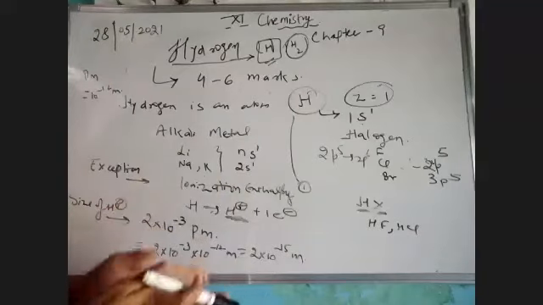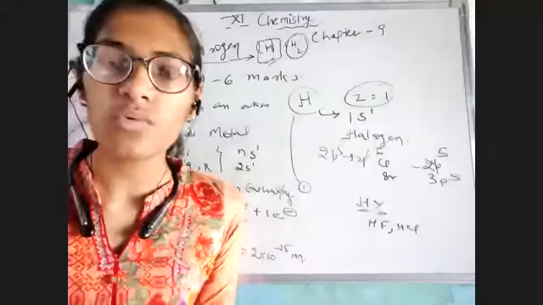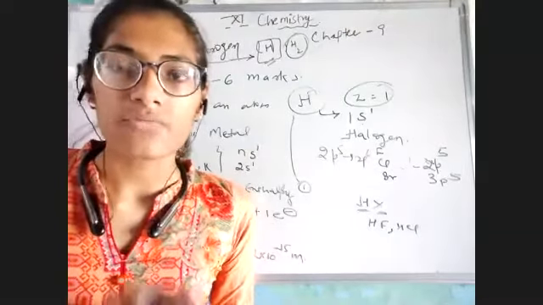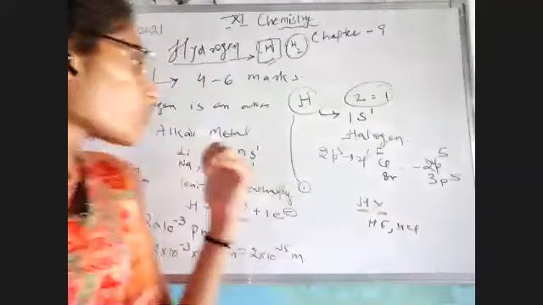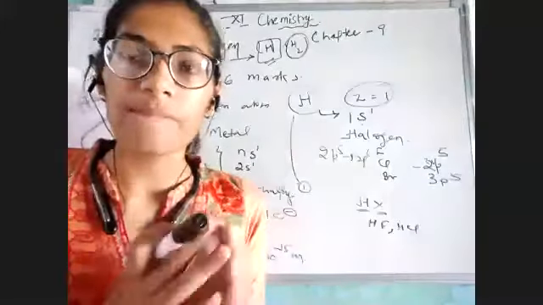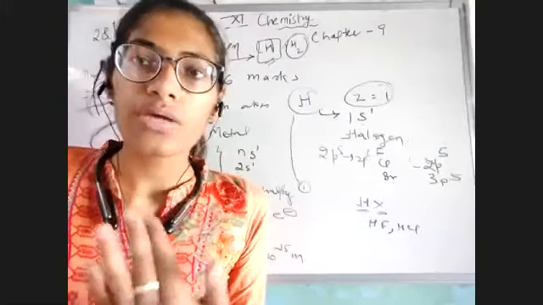Now we have studied that there are some resemblances and some exceptions. So what did we do? We have placed hydrogen in a unique place, not only in the alkaline metal and not in the halogen either. We have given it a unique place or a unique nature.